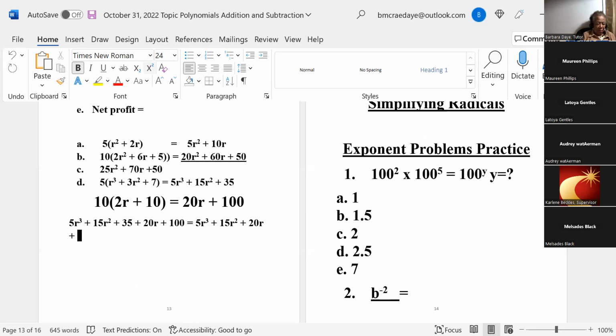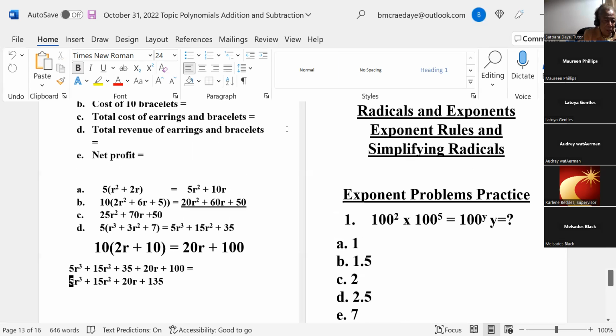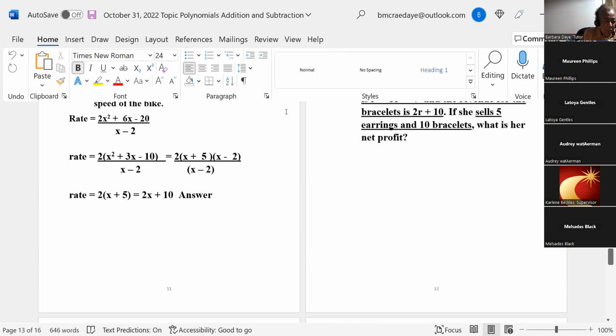What do you get? 135. You only have the two constants. So what you have is 5R to the third power plus 15R to the second power plus 20R plus 135.